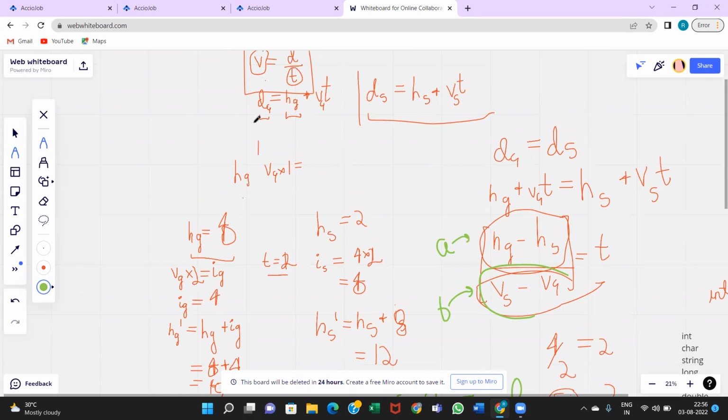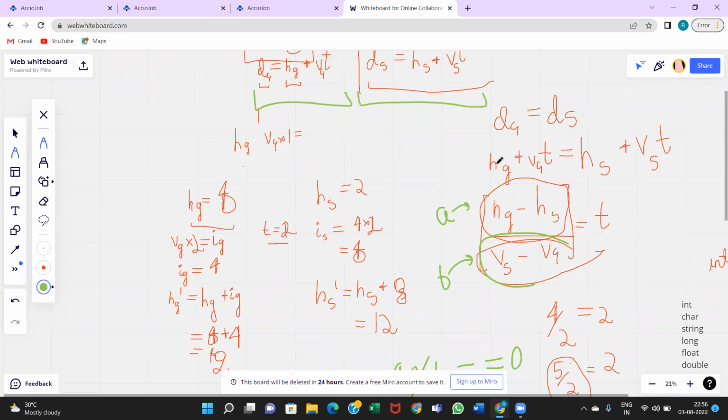We generated this formula, assuming that if we want the heights to be the same, we'll equate them. We equated HC plus VGT equals HS plus VST, and now we got this equation. So we need not increment it every time. That's just a complete wastage of time and memory. Is it clear now? Can I move to the next problem?